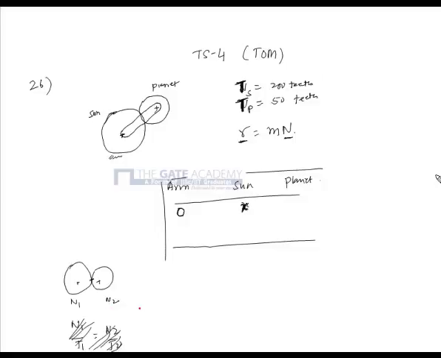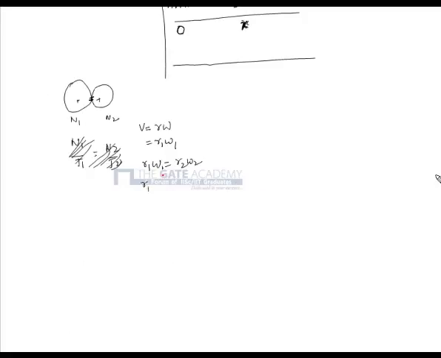The pitch circle speed v is equal to r omega, so that is r1 omega 1 for the first gear. The pitch line velocity is the same, so r1 omega 1 is equal to r2 omega 2. Writing in terms of speed, r1 n1 is equal to r2 n2.